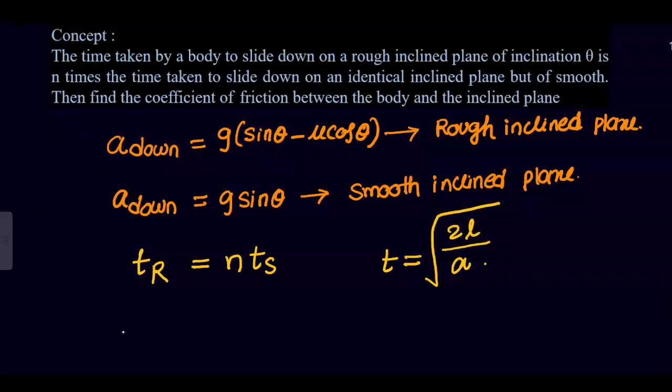Now what can I write here in this case? They given TR is equal to n times TS.